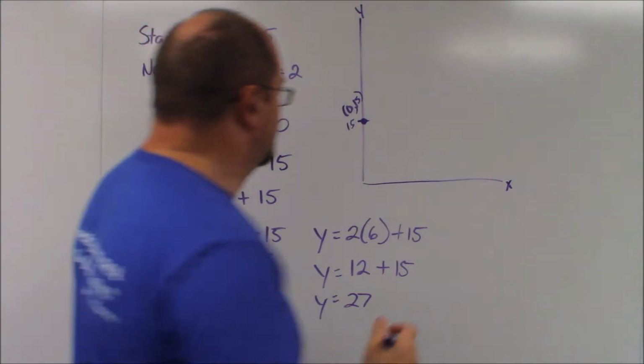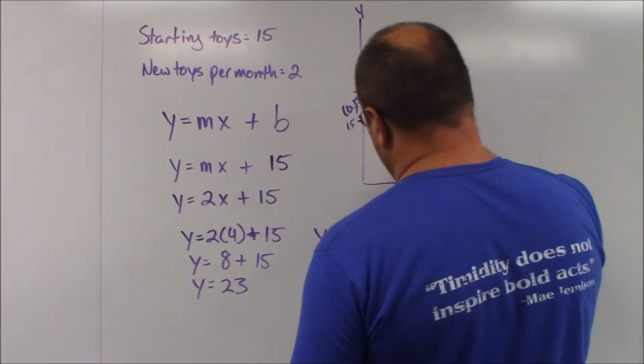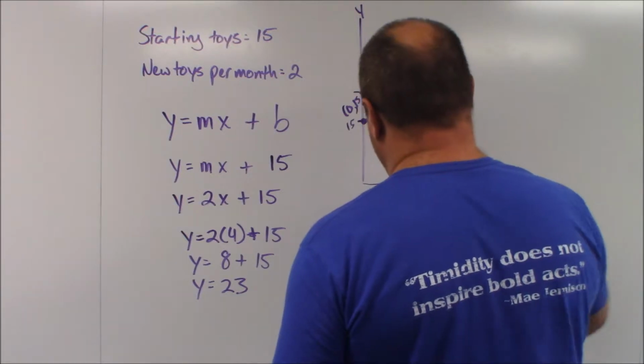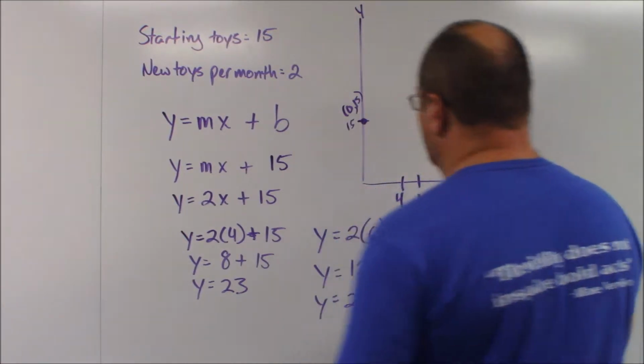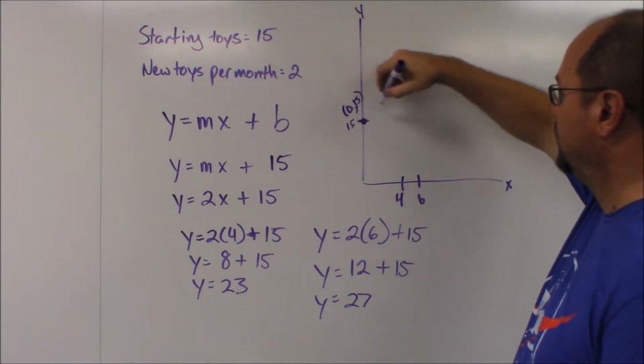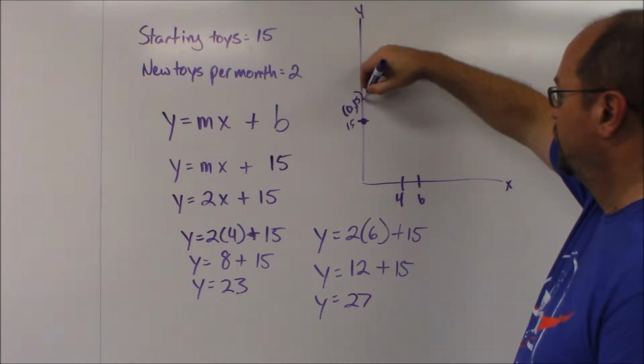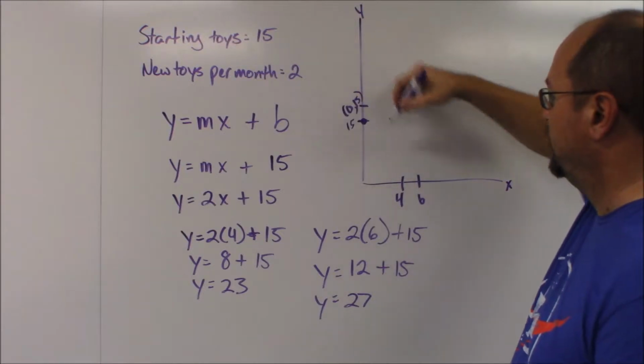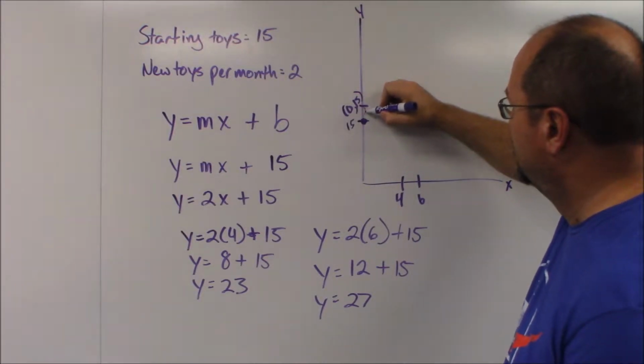So when I'm plotting this, I'm just going to go ahead and pick an arbitrary point out here to be 4 and 6. These aren't really spaced in any particular logical way. And then I'll do 23 about right there. I'll do that kind of small.